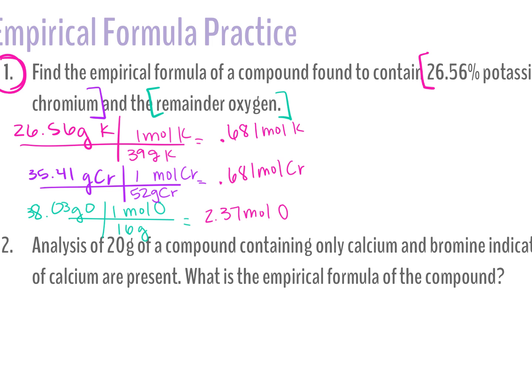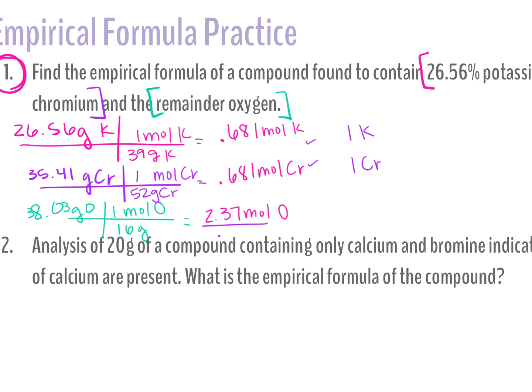What's the next step here? Divide by what? The smallest number. Okay, so these are pretty much the same, aren't they? And when I divide by themselves, I'm going to get 1. So I know I'm going to have 1 potassium, 1 chromate.